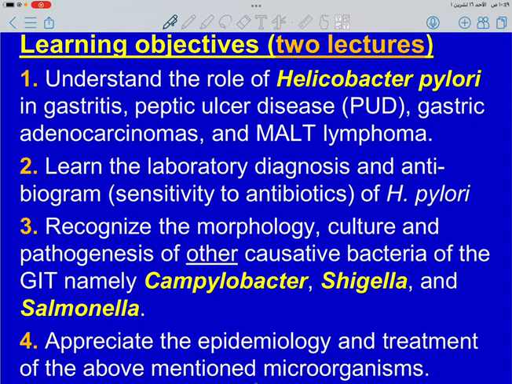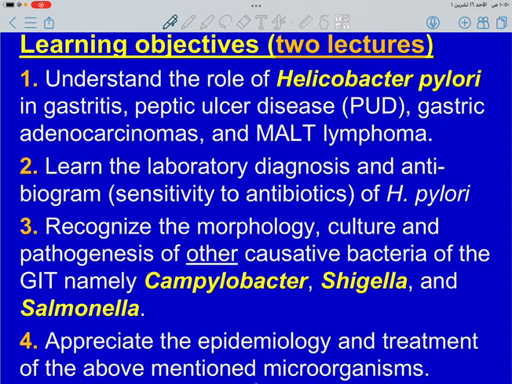And also gastric adenocarcinoma. تصوروا هذه الجرثومة تلعب دور كبير في ظهور الادينوكارسينوما في المعدة. فإذا very important microorganism. It is related to adenocarcinoma of the stomach and also to the mucosa-associated lymphoid tissue lymphoma. So as well as the lymphoma that will be seen at the gastric area.